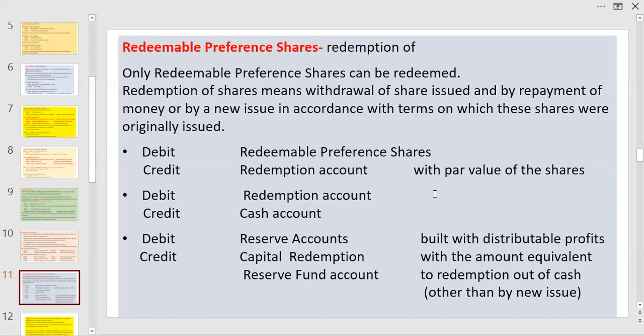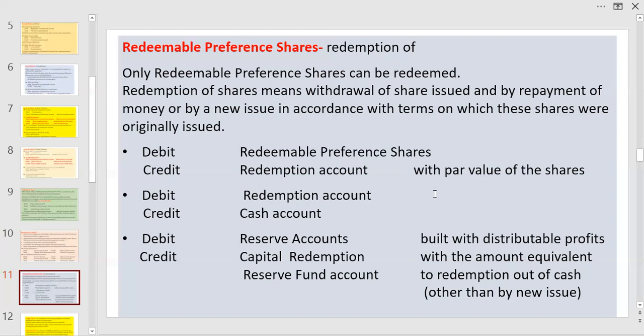Journal entries are: debit redeemable preference shares, credit redemption account with the par value of shares; debit redemption account, credit cash account; debit reserve account, credit CRRF account. This account will be the strictest of capital reserves. The amount needed for redemption other than by new issue of shares.